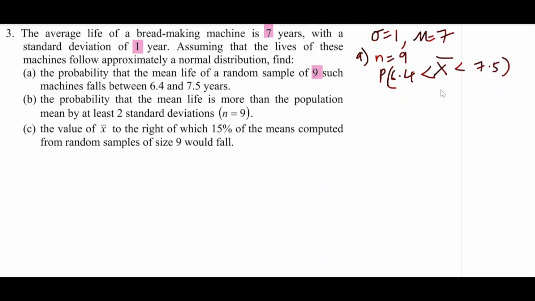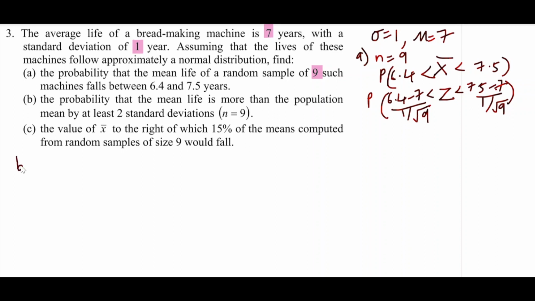This is quite easy then. You simply standardize using the formula we've discussed before. 7.5 minus mu over sigma over square root of n. And this is quite easy to solve, so I'll leave it to you to solve.